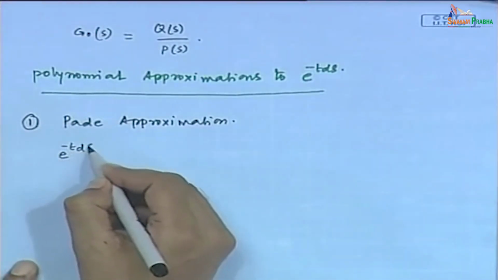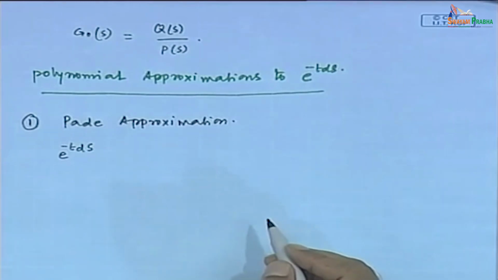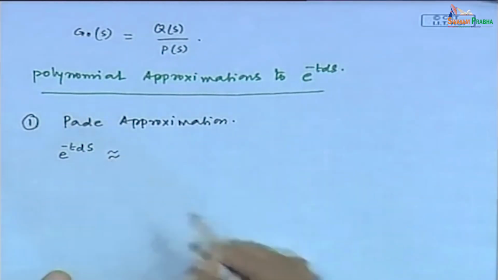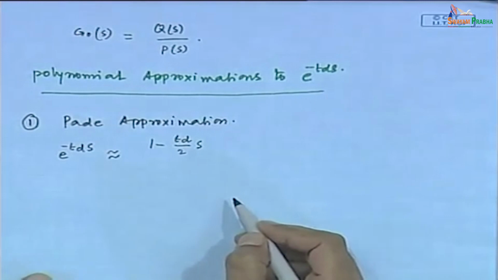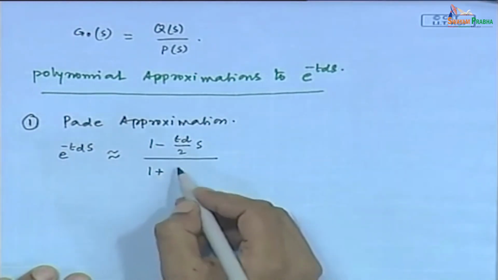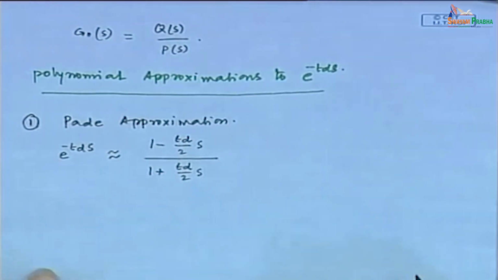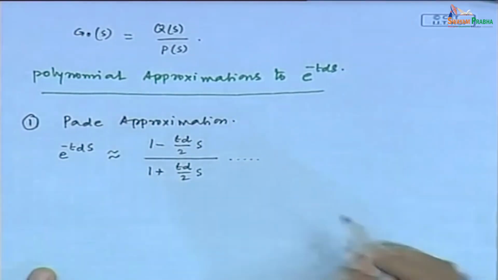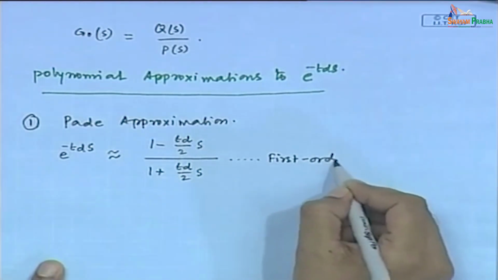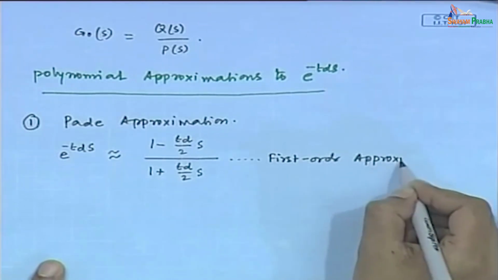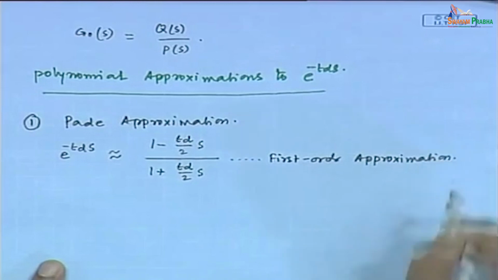The form is like this: exponential of minus TDS is approximately equal to 1 minus TD divided by 2 S, divided by 1 plus TD divided by 2 S. We can write the exponential term in this form, and this is called first order Padé approximation.